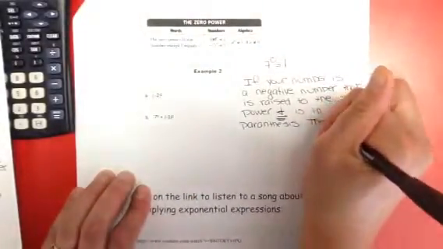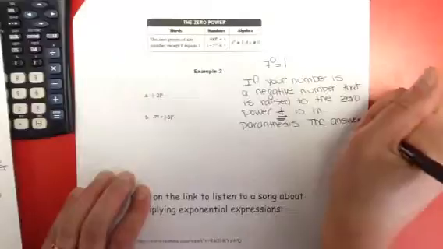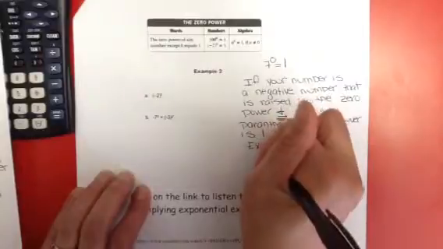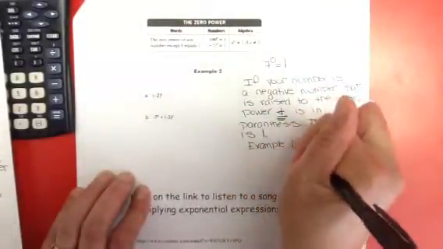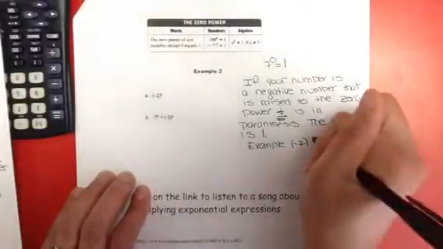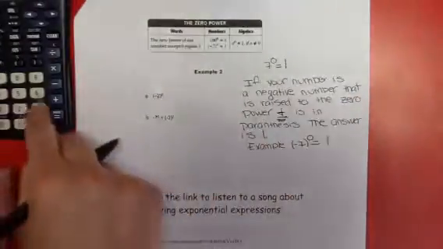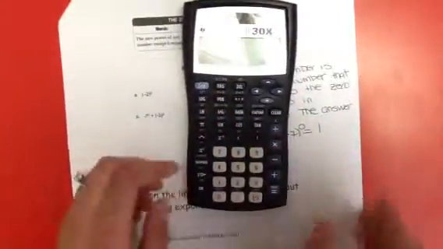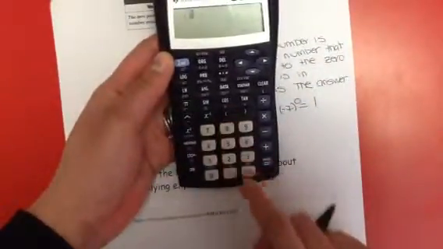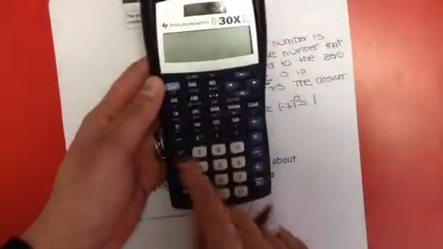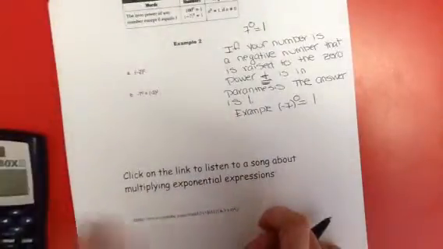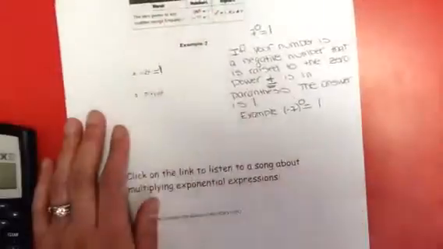The answer is 1. So for example, if I have negative 7 in parentheses raised to the 0 power, the answer is 1. So in my calculator, if I put in parentheses negative 7 raised to the 0 power, my answer would be 1.